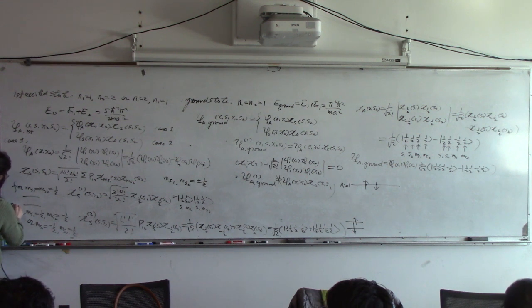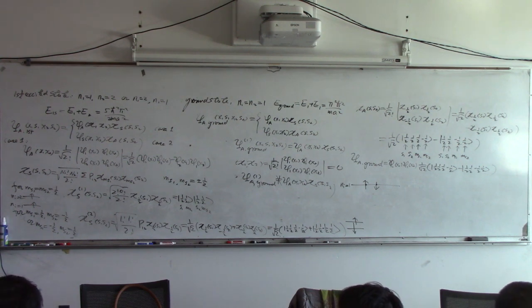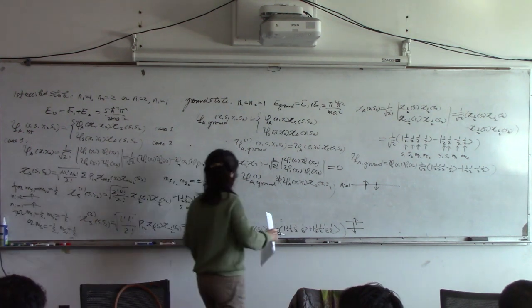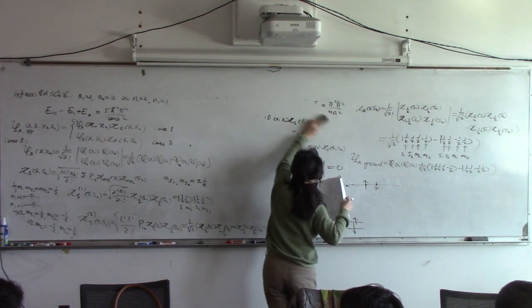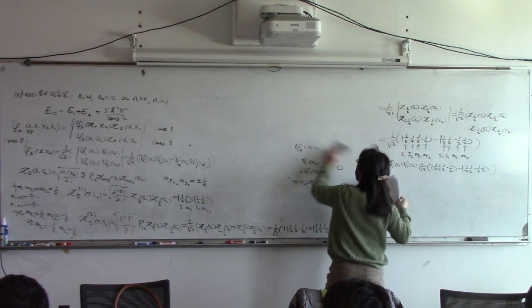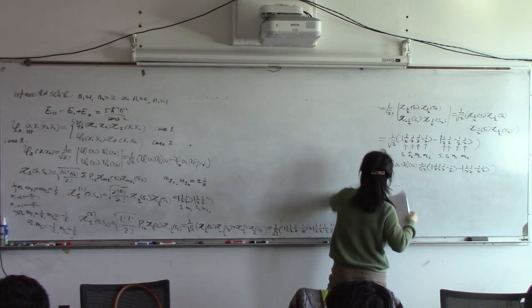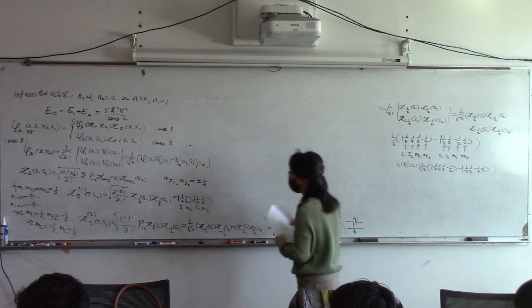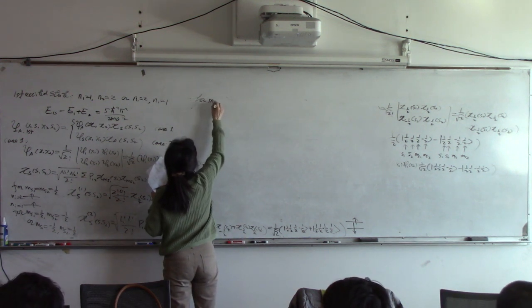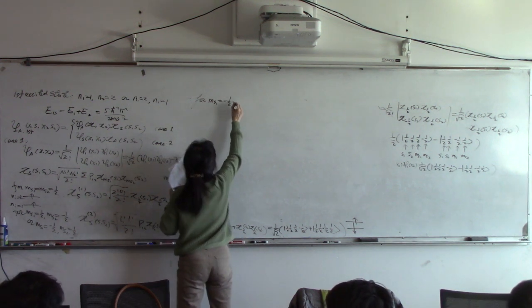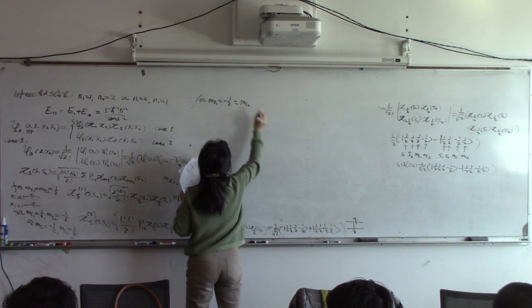N equal to 1, N equal to 2, so they are all the same states. We have one more. Another is 2r down, right? 2r spin down.